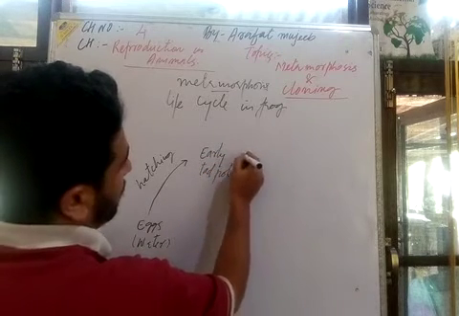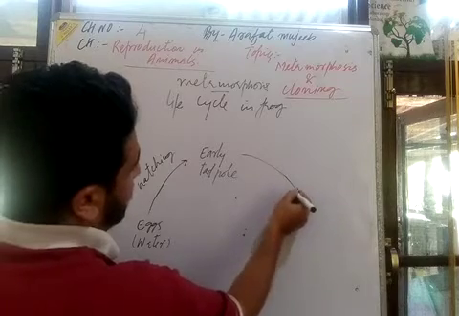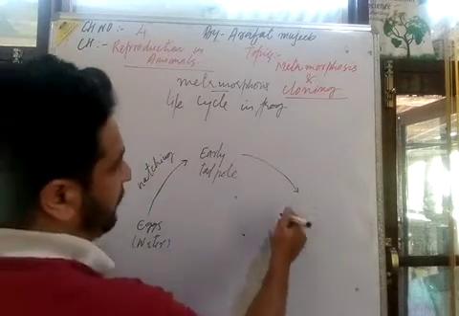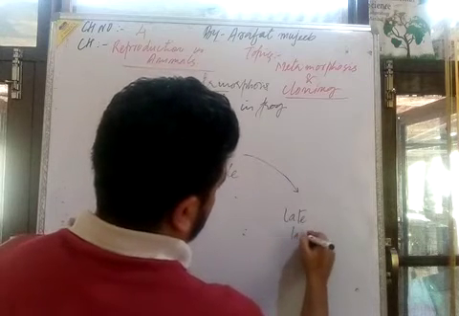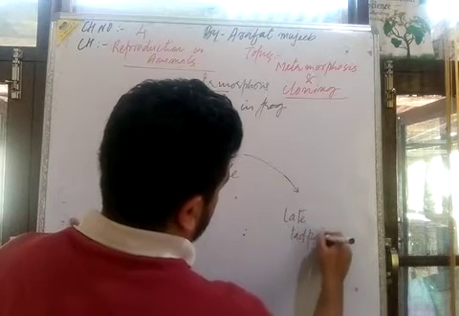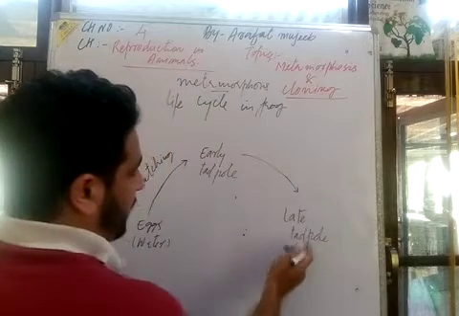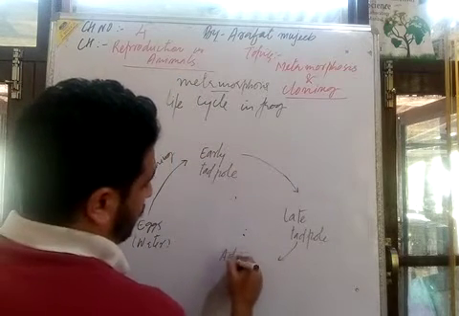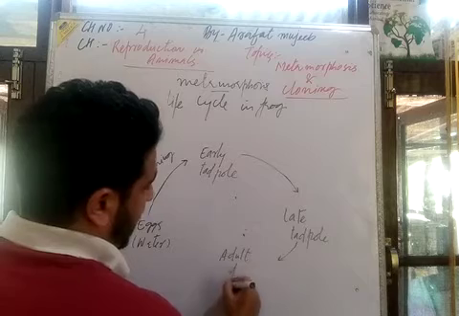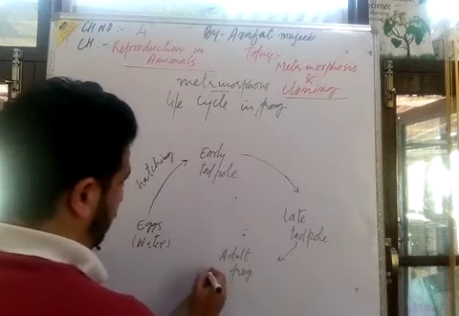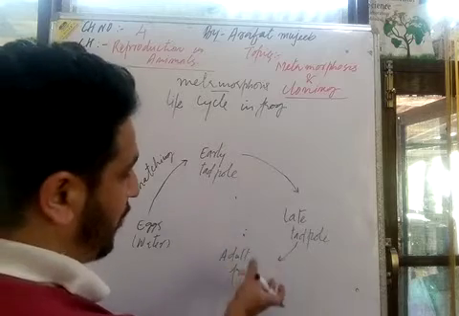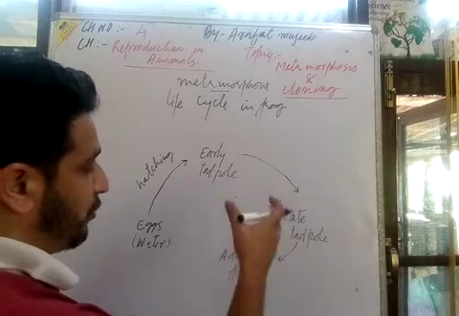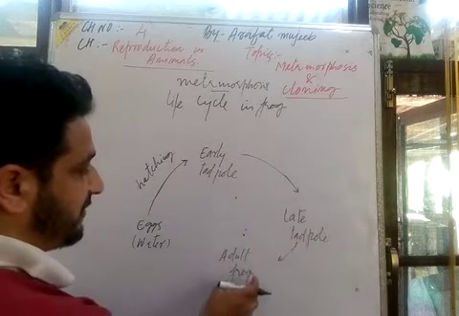The early tadpole develops into a number of tadpole stages, up to the late tadpole, and the late tadpole develops into an adult frog. This adult frog, male or female, goes for mating for the next generation.